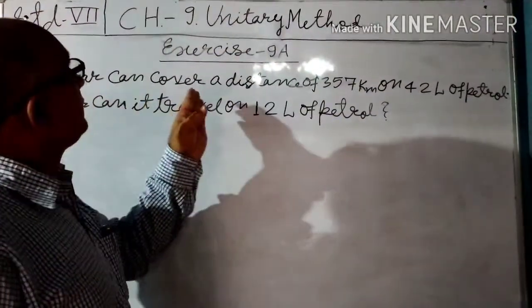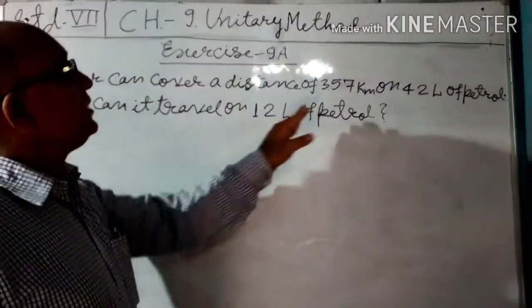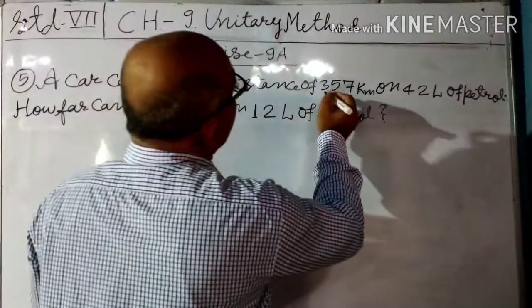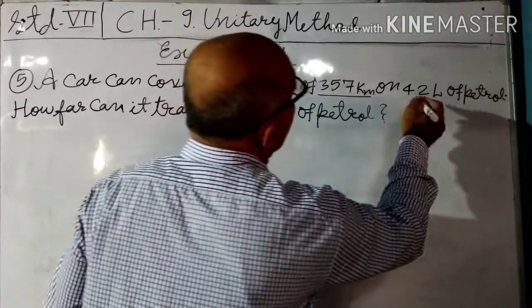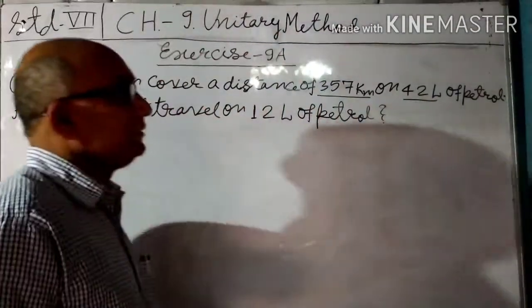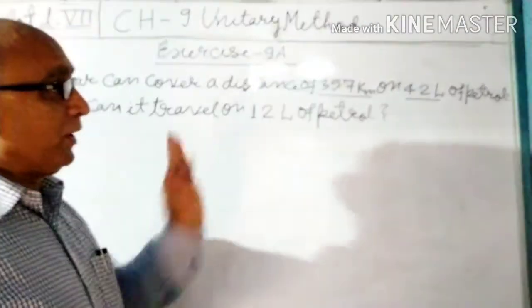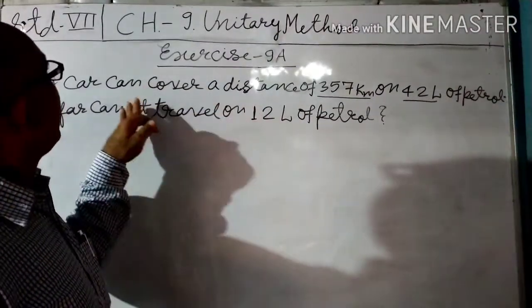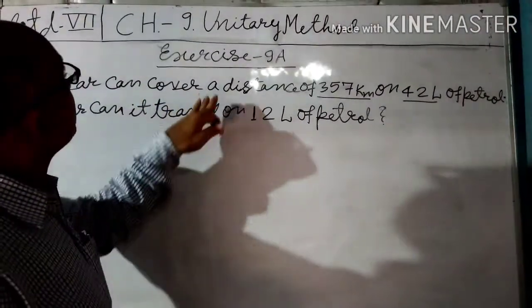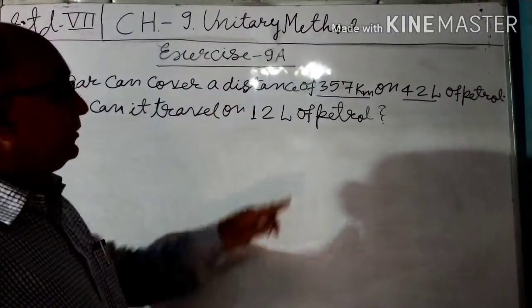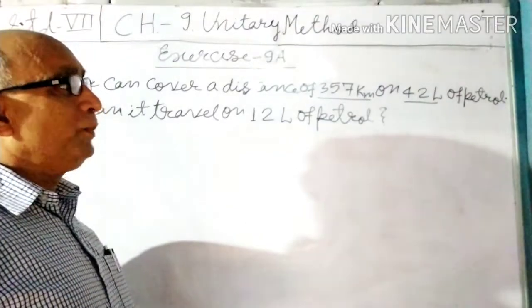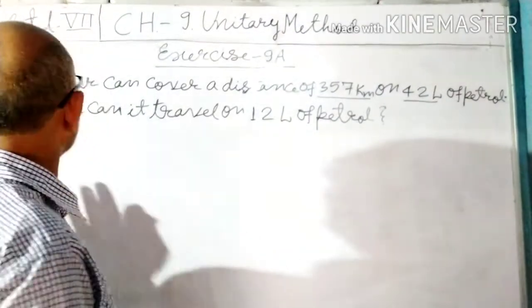Students, next question is question number 5 written on this board. A car can cover a distance of 357 kilometers on 42 liters of petrol.